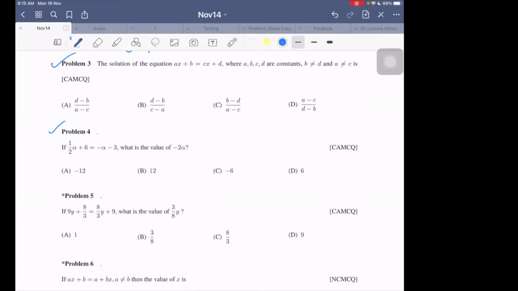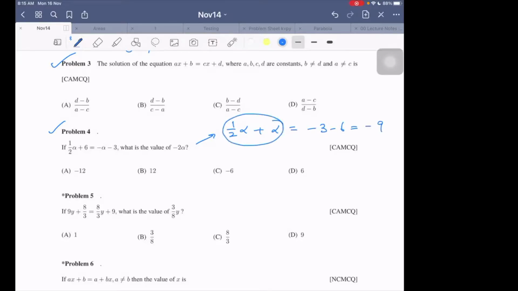So how do we do this? Bring all the variables to one side. So we have half alpha and minus alpha. When it comes to the left side, it becomes plus alpha. Now we have 6 going to the other side. It is going to be minus 3 minus 6, which will be minus 9.